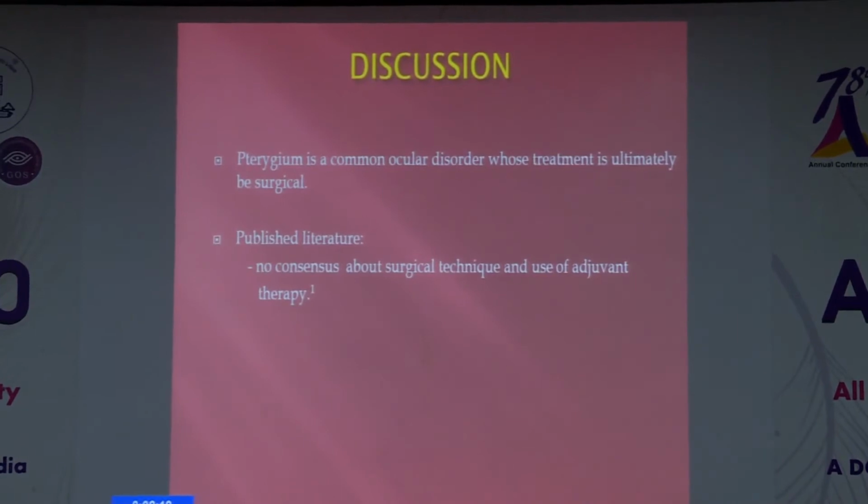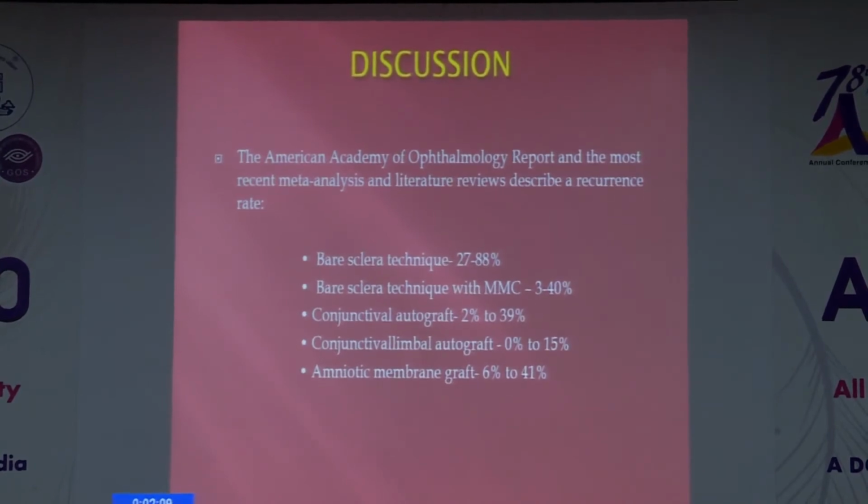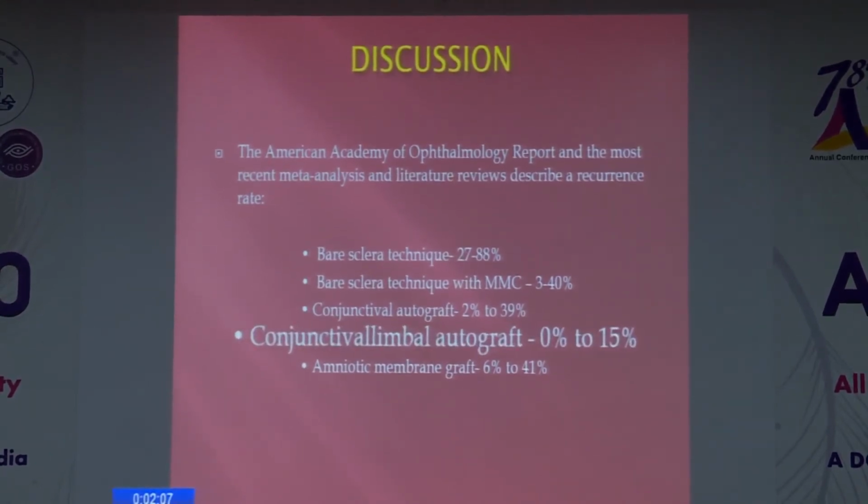So, pterygium is a common ocular surface disorder whose treatment is ultimately surgical. In published literature, there is no consensus about the surgical technique and use of adjuvant therapies. Various literature reviews show that conjunctival limbal autograft had the least recurrence rate of 0 to 15%. Our technique of STEP has a recurrence rate of 5.56%, which is either comparable to or even better than the explained techniques.